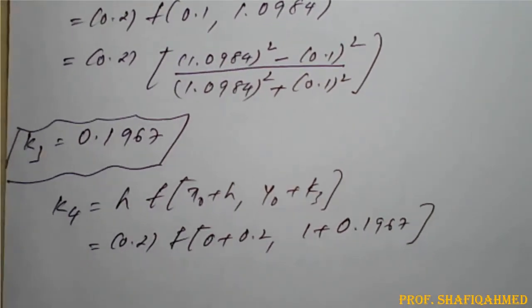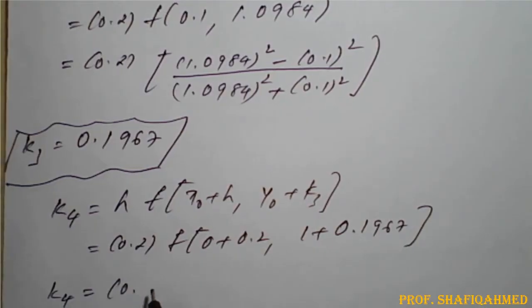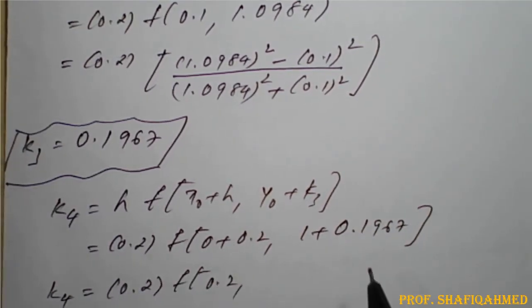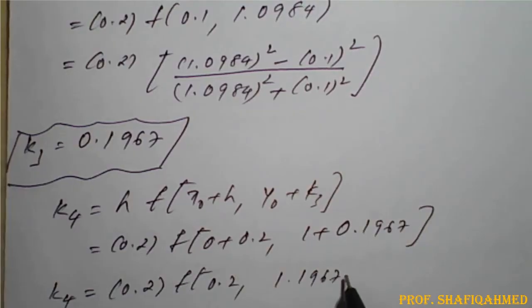So on simplification, K4 is equal to 0.2 into f of (0 plus 0.2 is 0.2, 1 plus 0.1967 is 1.1967).